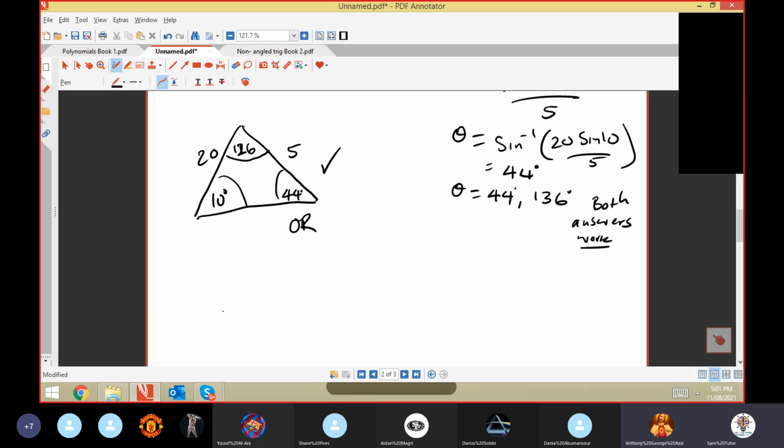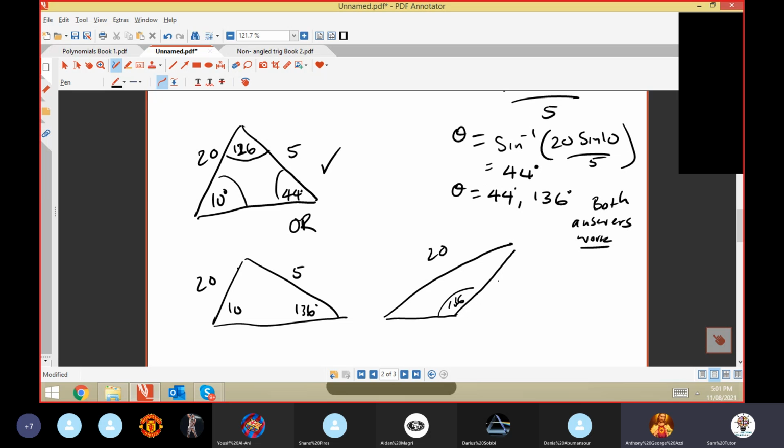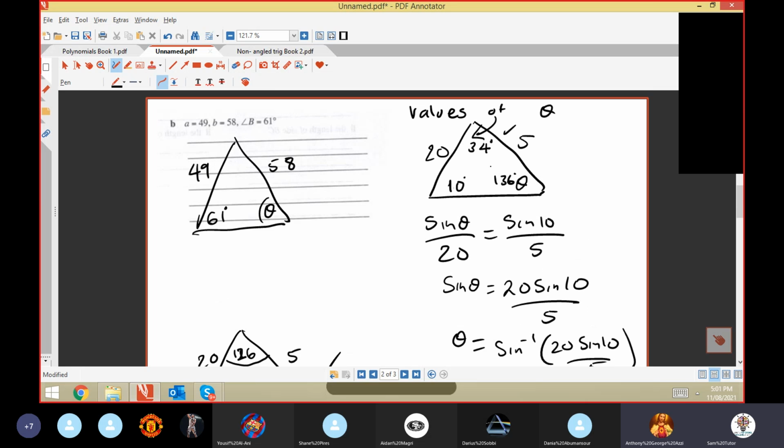Or if I had, again, same thing, if I had 20, 10, and 5, actually 136 can even work here. Which won't look so acute anymore. It'll look like this all of a sudden. All right, 136. This would still be 20. This would still be 5. This would still be 10 degrees, which means this angle in here will be 34 degrees, the angle that I said up here.